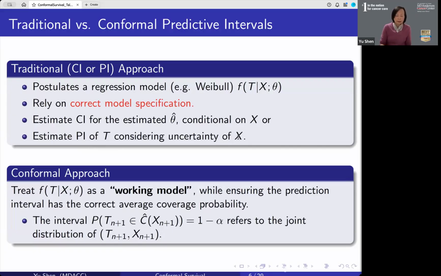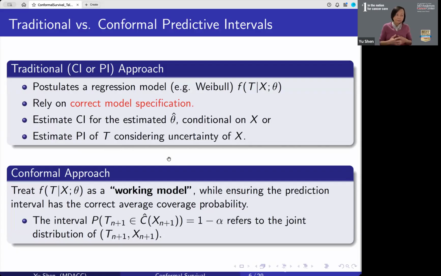But all those works need correct model specification. The regression model needs to be correctly specified, and for this predictive model, the error distribution also needs to be correctly specified.